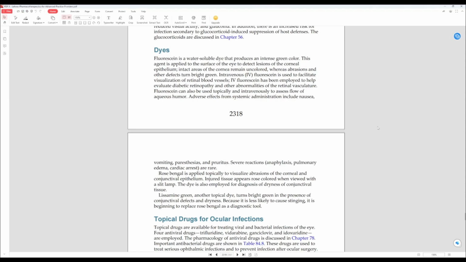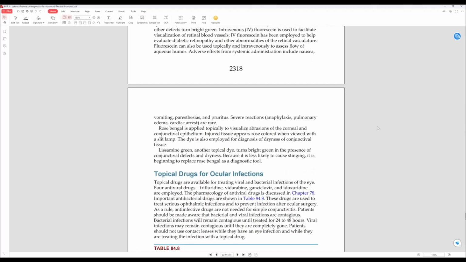Adverse effects from systemic administration include nausea, vomiting, paresthesias, and pruritus. Severe reactions include anaphylaxis, pulmonary edema, and cardiac arrest, but they are considered extremely rare. Rose bengal is applied topically to visualize abrasions of the corneal and conjunctival epithelium.